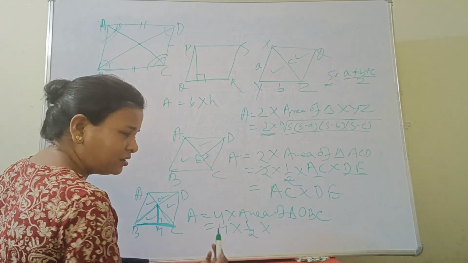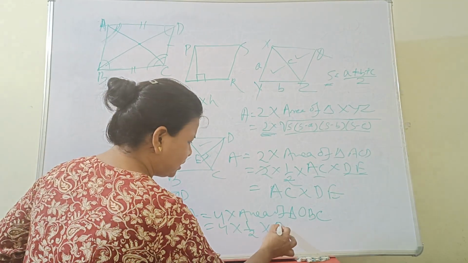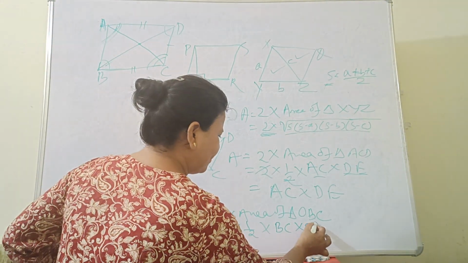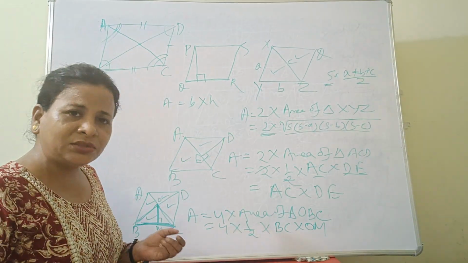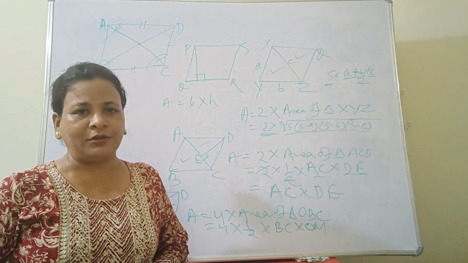So here the base is BC and OM is the height, so BC into OM. So in different situations you have to apply different formulas in order to get the area of the parallelogram. That's all.